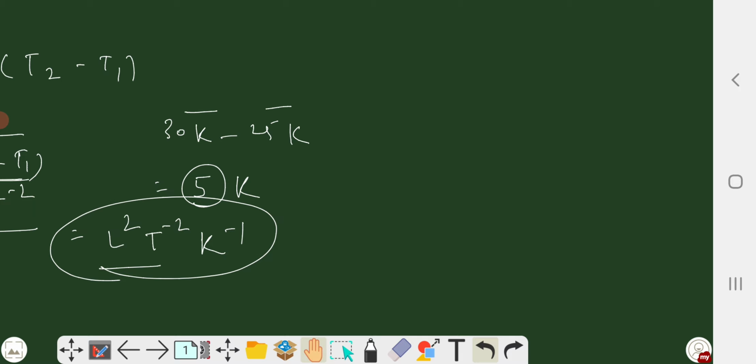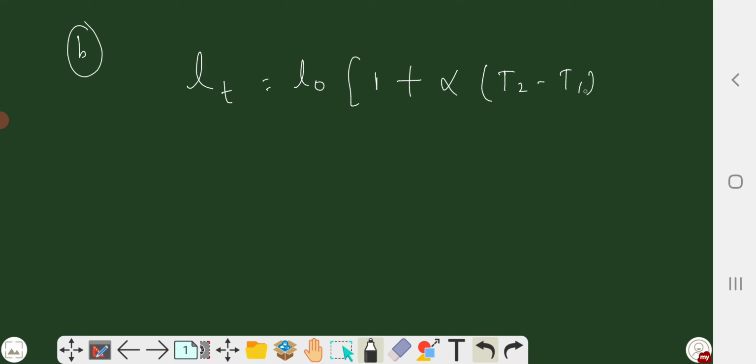Very easy. Now the B part. What is the B part saying? You have to find the coefficient of linear expansion alpha. So use the formula L_T equals L naught (1 plus alpha (T2 minus T1)). Now alpha is here. You have to find the dimensional formula of alpha.